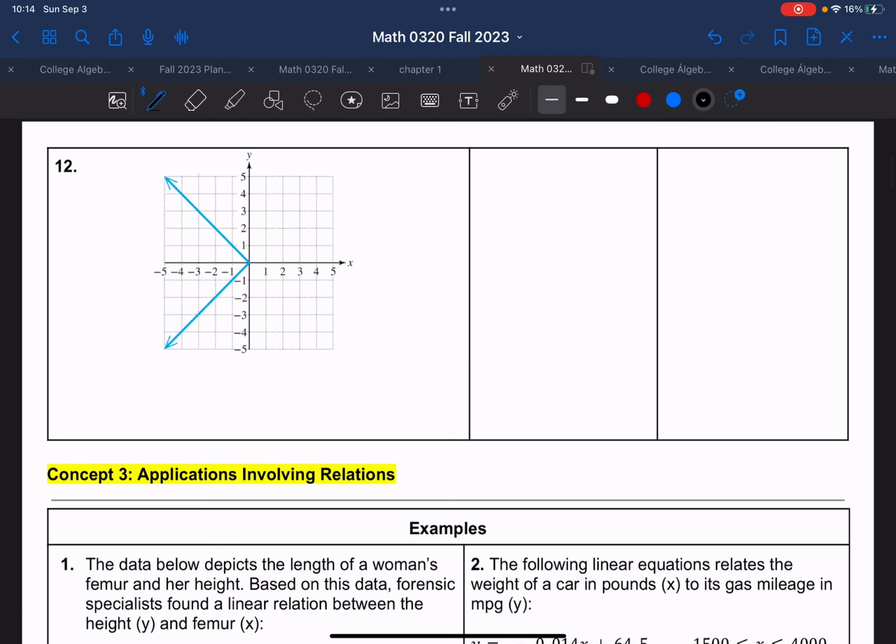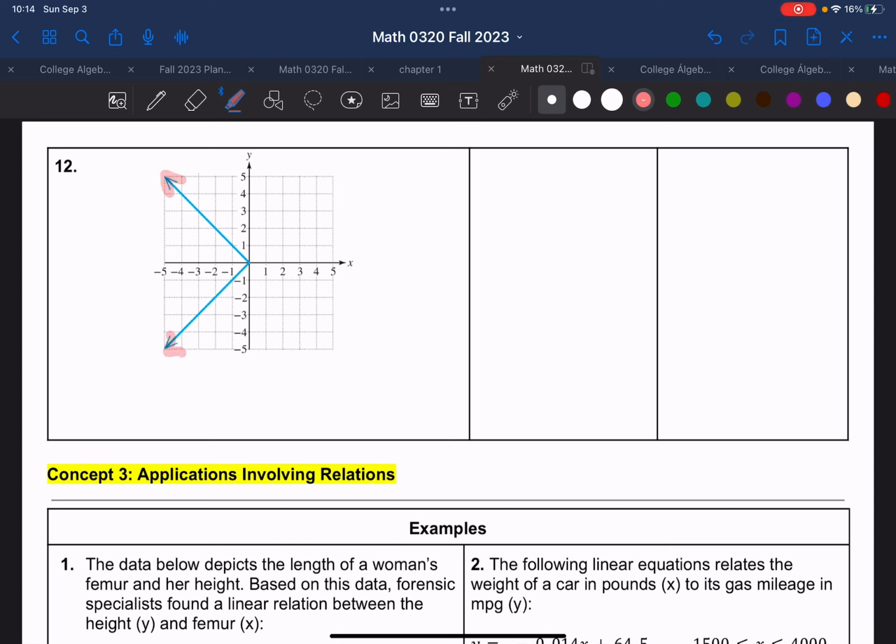Same for number 12. Okay. Number 12, first we're going to look at the domain. So on the domain, we're first looking how far to the left can this graph go. Well, notice if we go all the way to the left, we have arrows on either side.